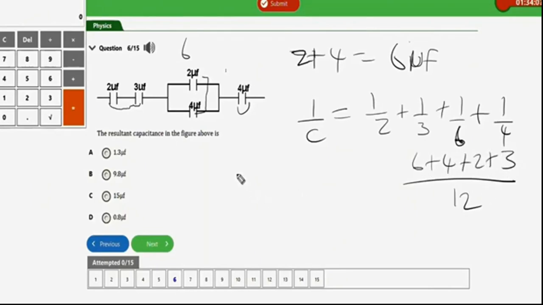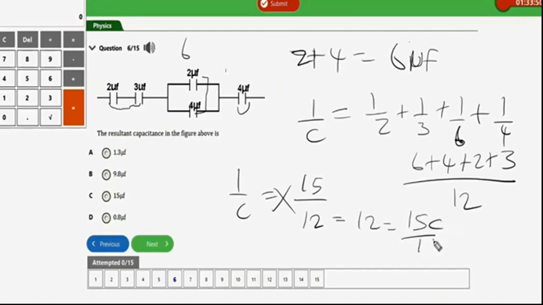So we have 1 over C equals 6 plus 4 is 10, plus 2 plus 3, we have 15 over 12. When you cross multiply, you're going to have 12 equals 15C. Divide both sides by 15.